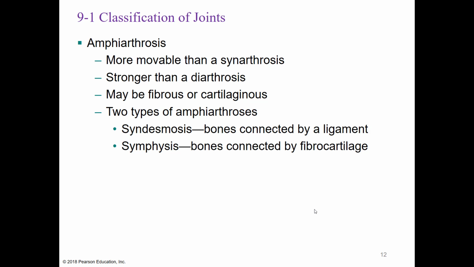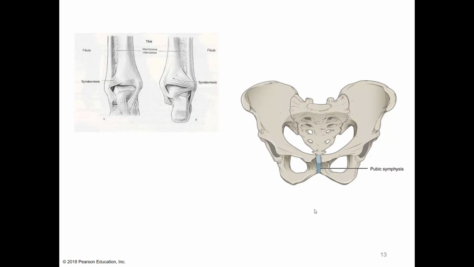There are two main types of amphiarthroses. A syndesmosis, which is where bones connect with a ligament, or a symphysis, which is when bones connect by a pad of fibrocartilage. So let's take a look at that in visual here.